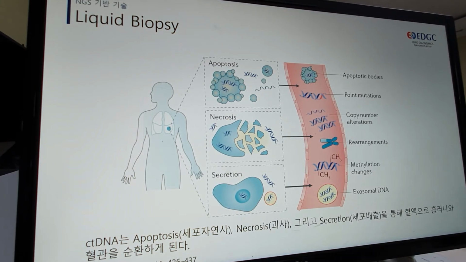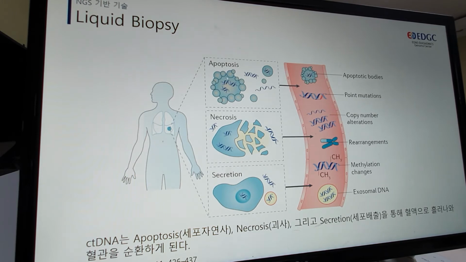there are three types of phenomena. One is apoptosis and necrosis, and the last one is secretion. So by this mechanism, there are some cell-free DNAs from the cancer cell. So if we can check this cell-free DNA which is popped out from the cancer cell, we can predict if a cancer is growing or not, and also we can check what type of cancer is growing before we realize it.